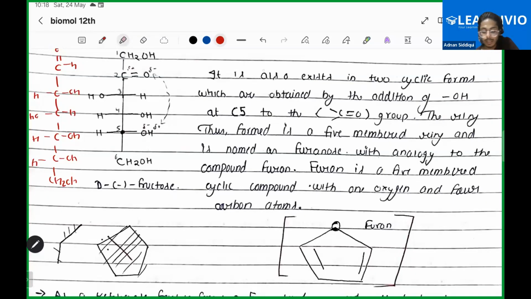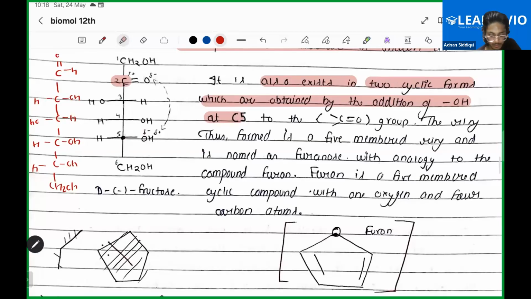So similar to our glucose, it also exists in two cyclic forms, which are obtained by the addition of OH at carbon number 5 again. The carbon number 5's OH group will be attacking the carbon number 2, this carbonyl part.